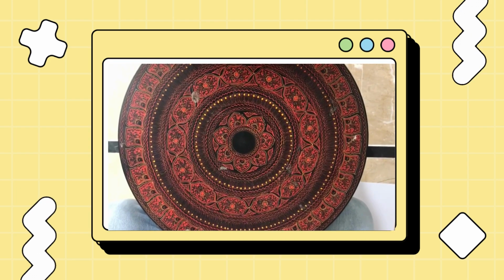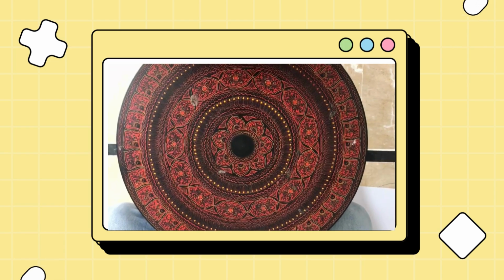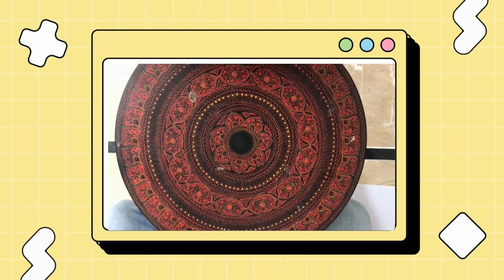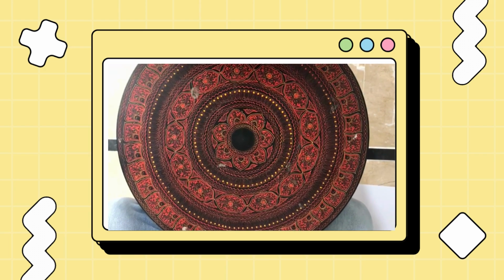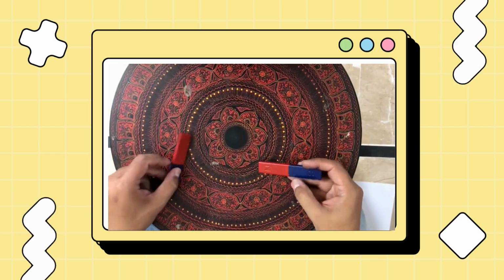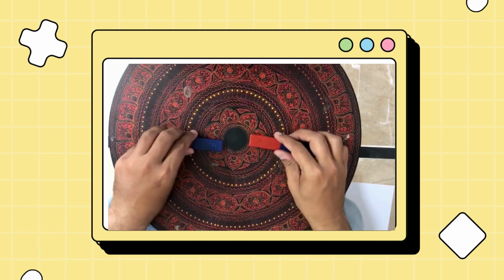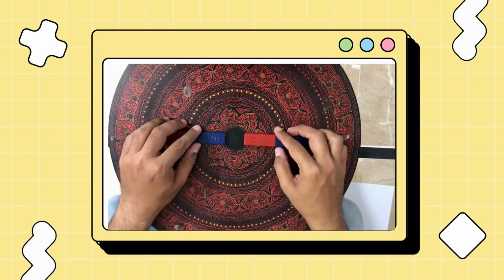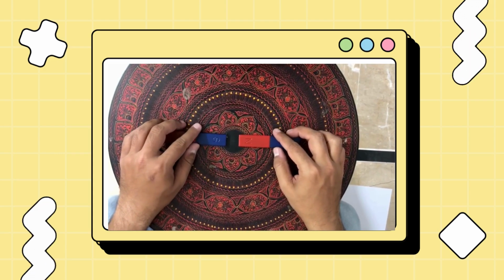Now let's look at how the pattern of the magnetic field lines emerges when you put two unlike poles together. So put your magnets on the table with unlike poles facing each other. Make sure that they don't attract each other.